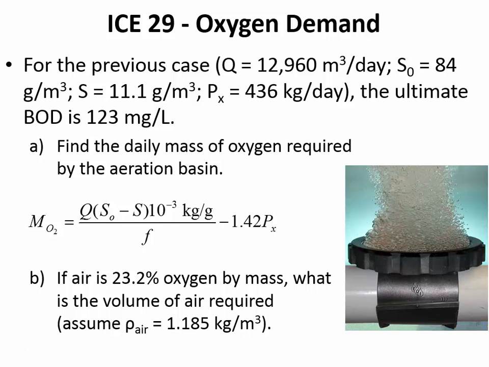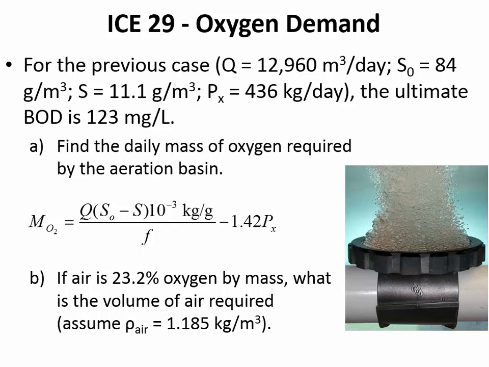You've got in-class exercise 29 there. It's a continuation of a previous example where we've got the same flow rate that we had in class 28's example, the same inflow concentration, 84 milligrams per cubic meter of BOD coming in. 11.1 was the allowable concentration going out, dissolved BOD.